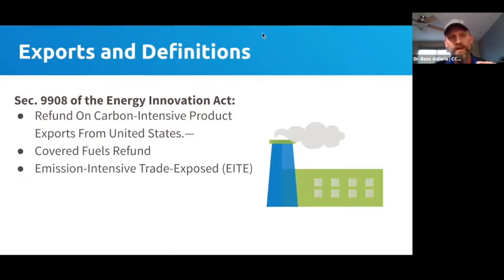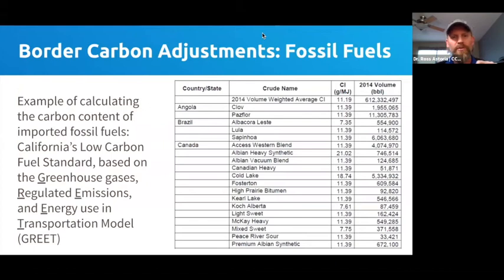So let's take a look at fossil fuels, covered fuels in this language, first. How do we know how much to levy, how much the fee on an imported fossil fuel will be? It turns out the good folks at the Argonne National Laboratory have been working on this for some time, as well as California. So we can identify the carbon content, right?